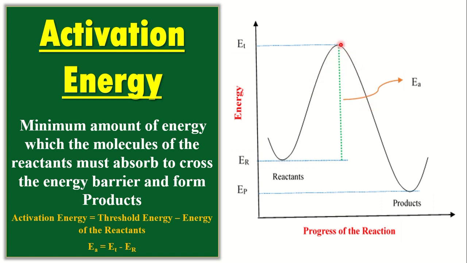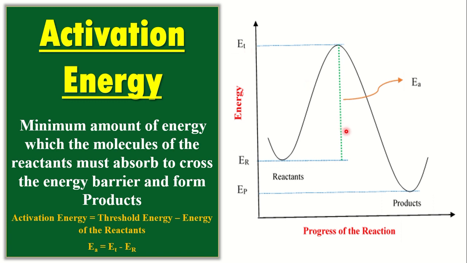So once they cross this energy barrier, the reactant molecules have entered an intermediate phase, and their energy will now start falling until the formation of the product starts. Once the products are formed, the energy becomes minimum. So the energy at this peak point is termed threshold energy, which is represented here by ET.